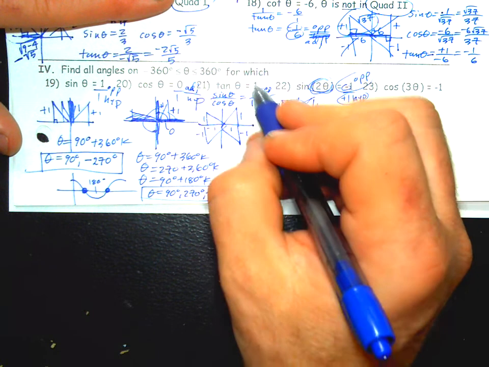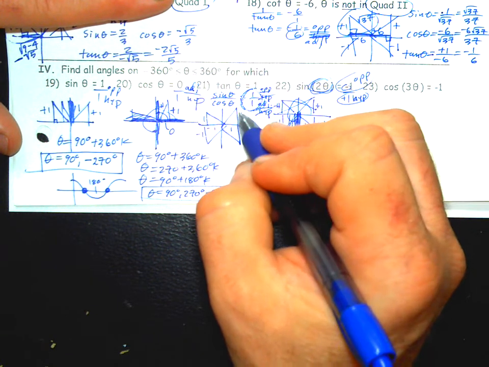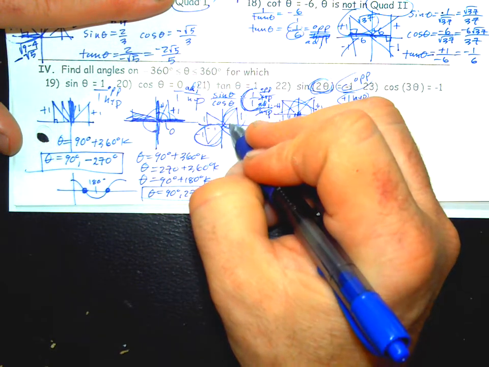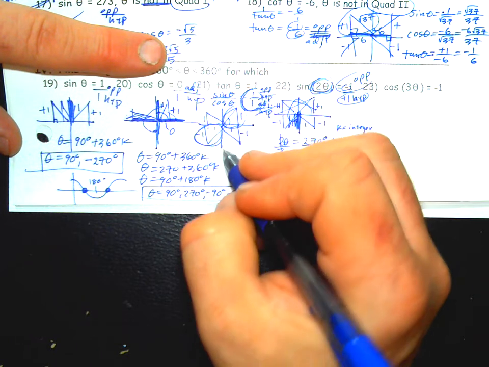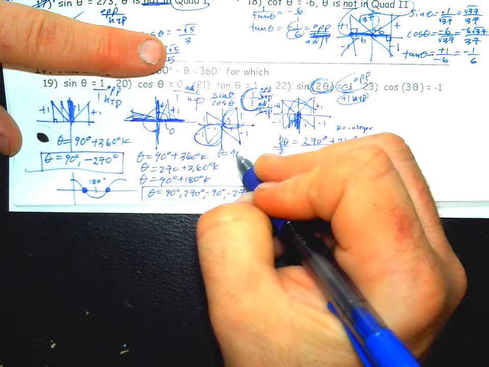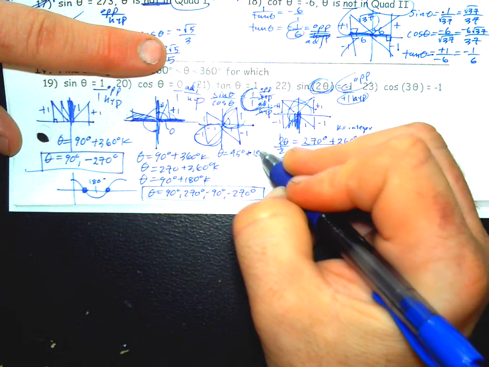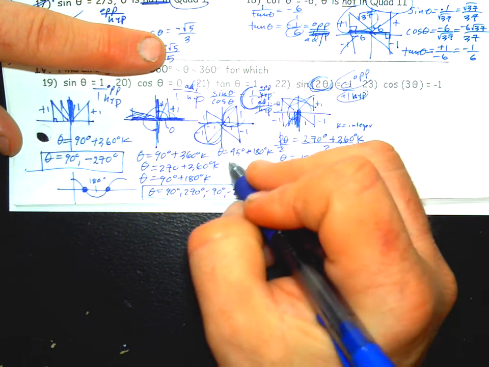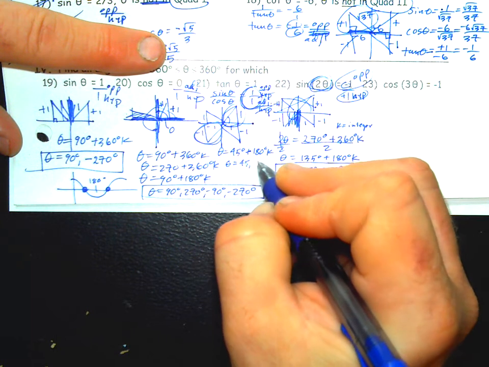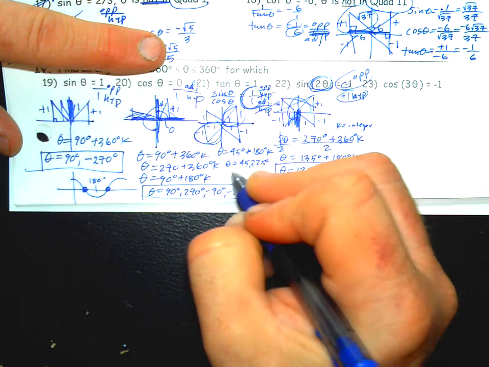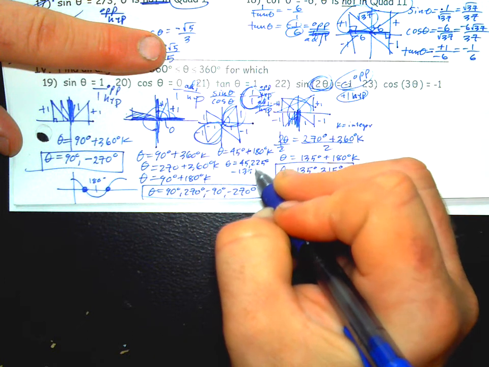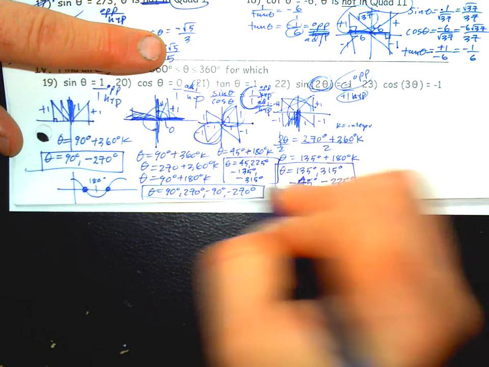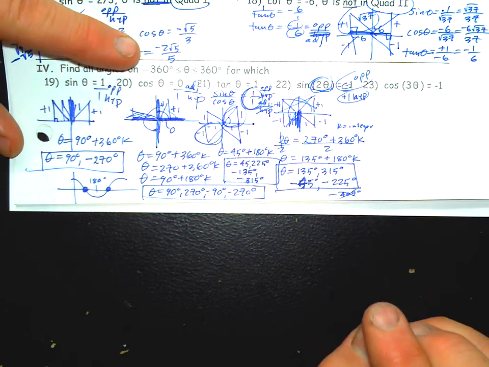Now, they got to both be the same sign. So it's either this one or it's this one. There's two possibilities. The angle that creates this, that's a 45-degree angle. So theta equals 45 degrees plus 180K. By the way, the period for tangent is 180K. So theta equals 45, 225, negative 135, negative 315. Those are all the answers between negative 360 and positive 360.